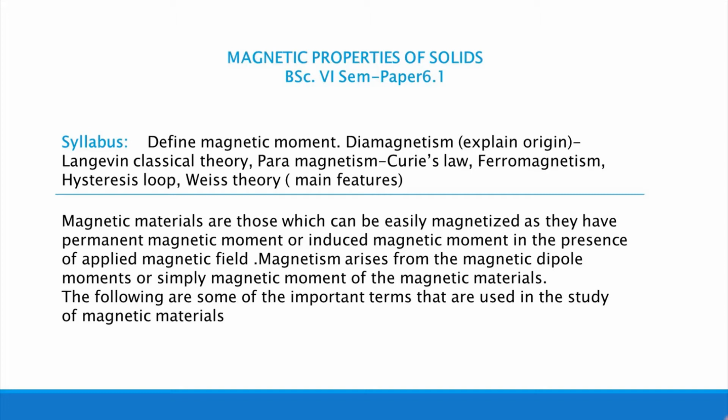Magnetic materials are those which can be easily magnetized as they have permanent magnetic moment or induced magnetic moment in the presence of an applied magnetic field. Magnetism arises from the magnetic dipole moments, or simply magnetic moment, of the magnetic materials. The following are some of the important terms that are used in the study of magnetic materials.